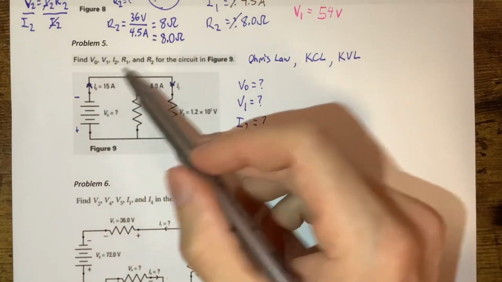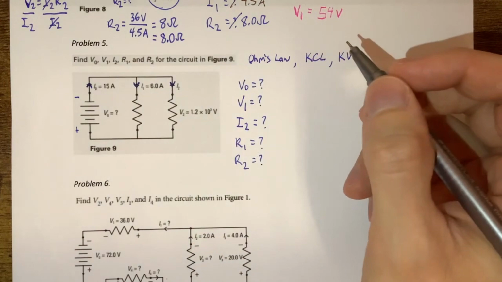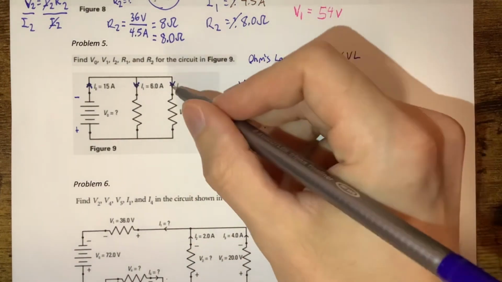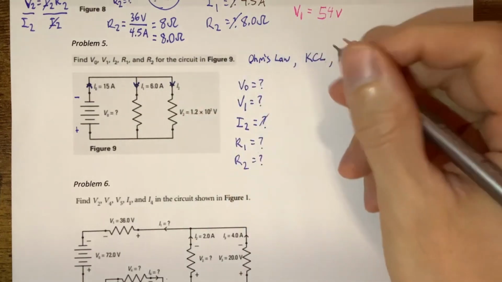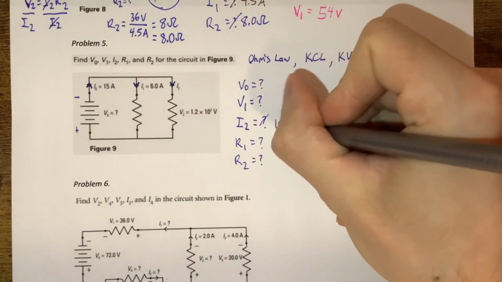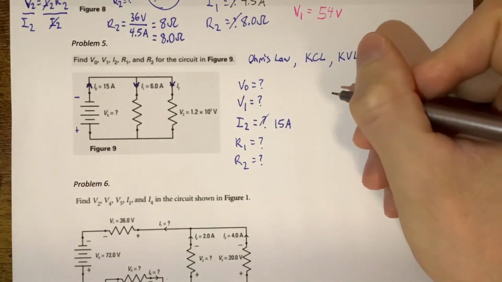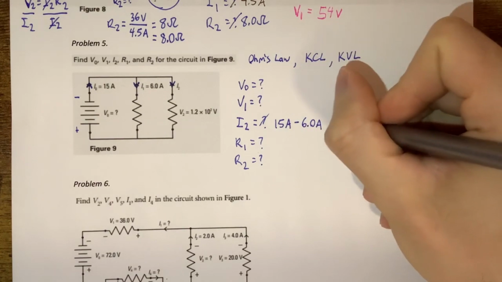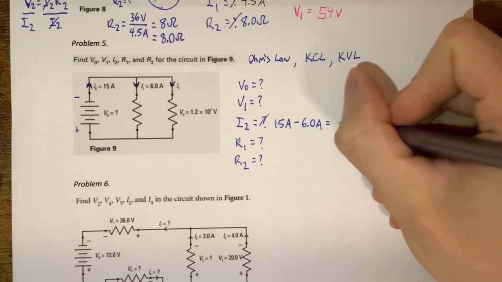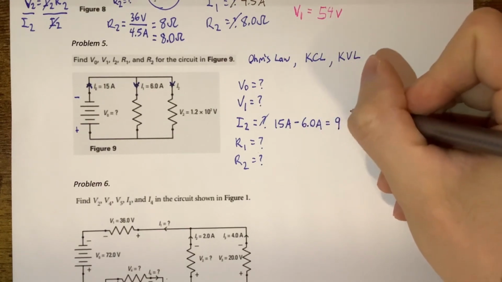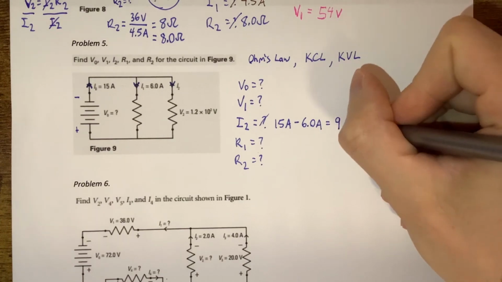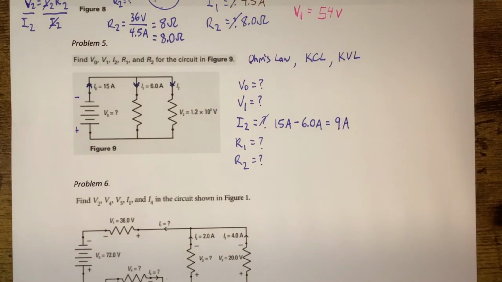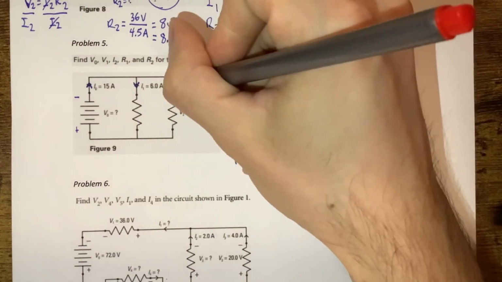So going down this path is 6. So to figure out what this I2 is going to be, we simply have to take the 15 amps that we started with, minus our 6.0 amps, and that is going to give us our 9 amps for that guy. Okay, so we have effectively found out what our I2 is.